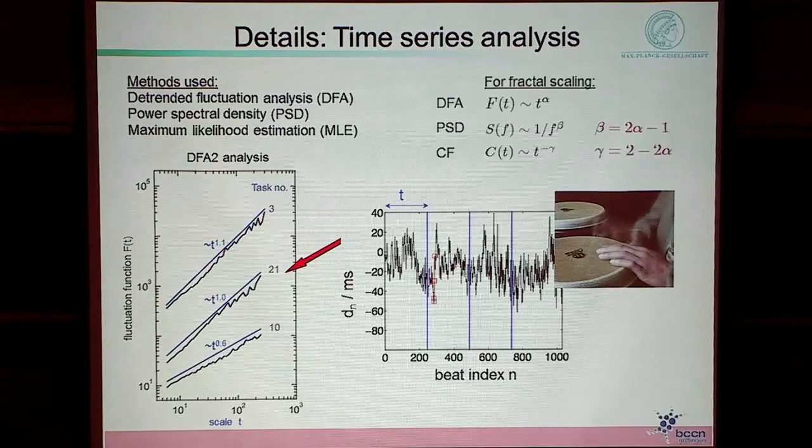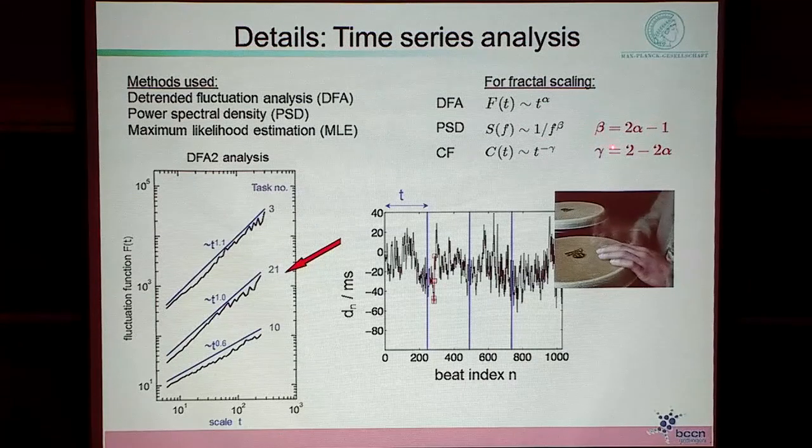Now, it can be shown that all these exponents and all these power laws are related. If we measure such a power law t to some power alpha in the detrended fluctuation analysis, then we can show that the power spectral density also follows a power law with an exponent that is determined by the alpha in this way.